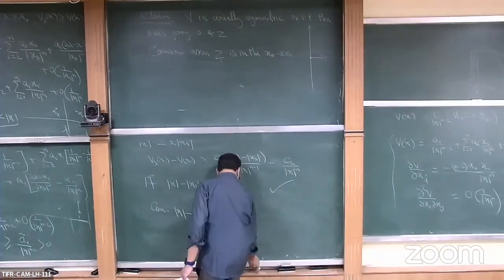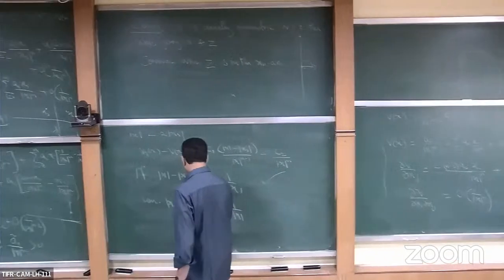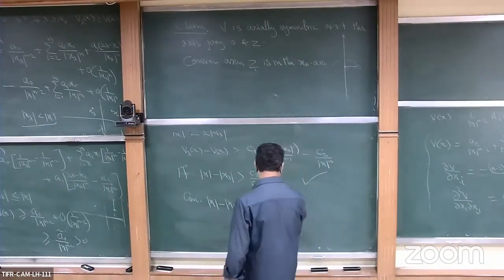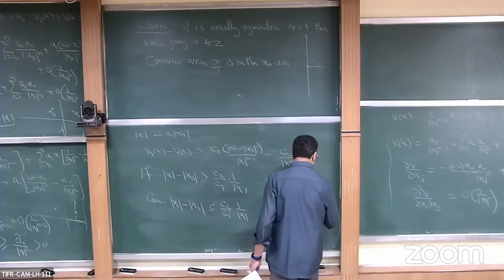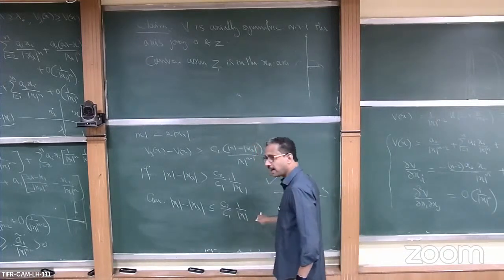Now what does this mean? So I can get some condition here. So mod x minus mod x lambda. So 1 by mod x. You remember this is lambda here, x is here, right? So mod x is bigger than lambda. So I can put here 1 by lambda.